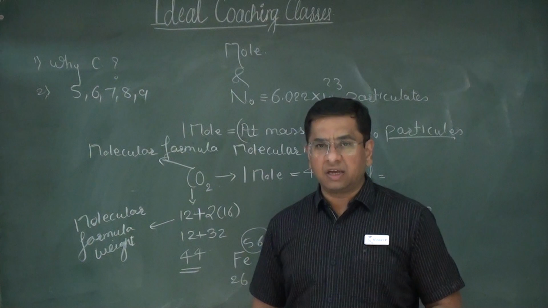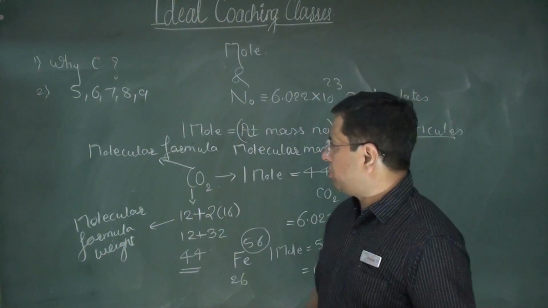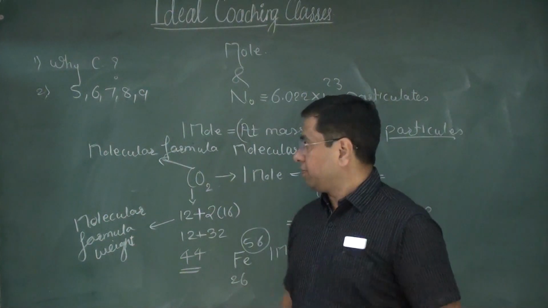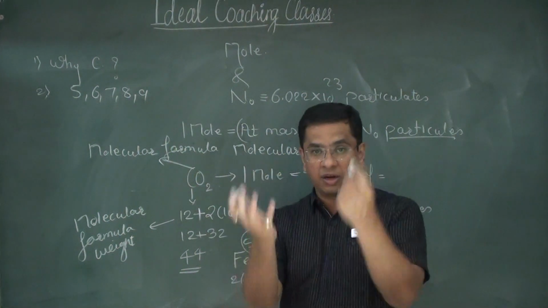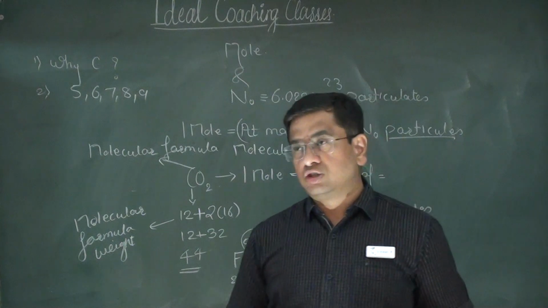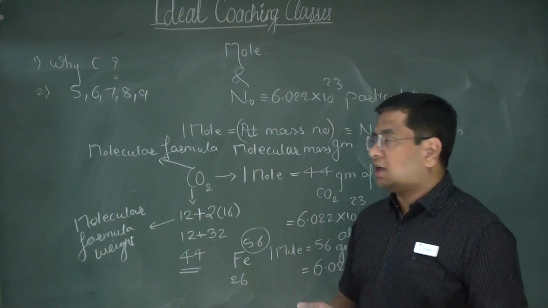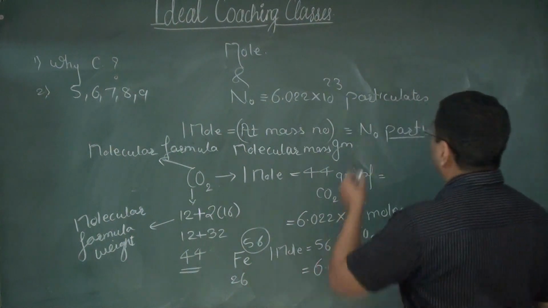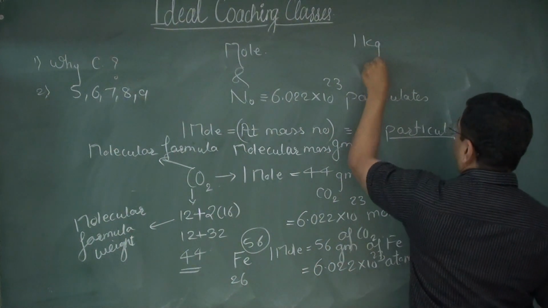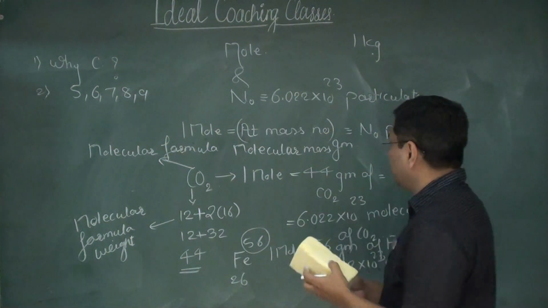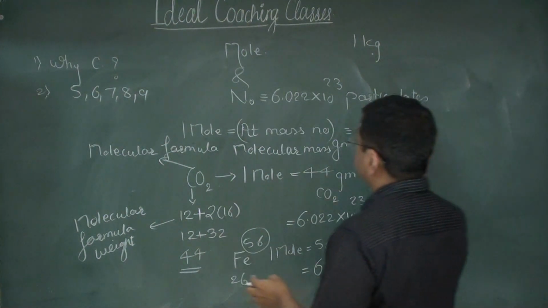Now what is the application of this? It's a very simple application. Suppose I have a chair of iron. Just understand how it can be put to use. I have a chair of iron, and that chair of iron is, suppose, measuring 1 kg. The weight of that iron chair is 1 kg.